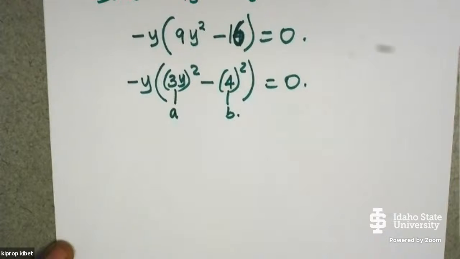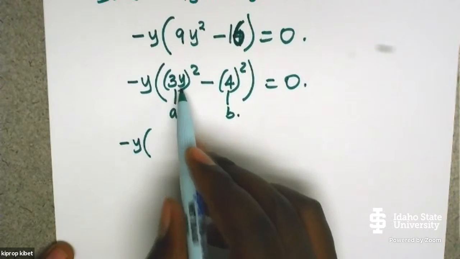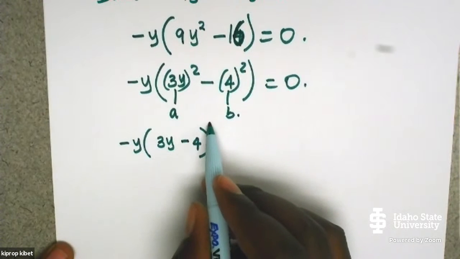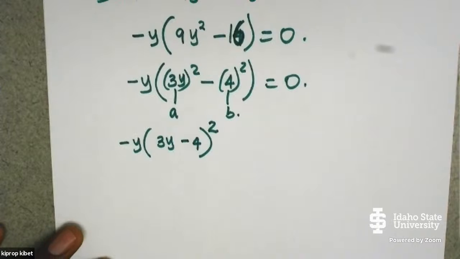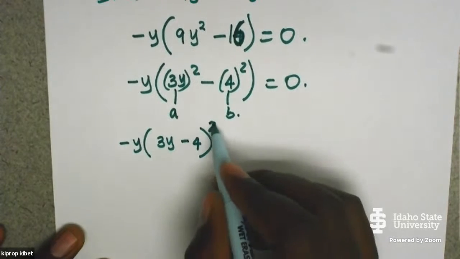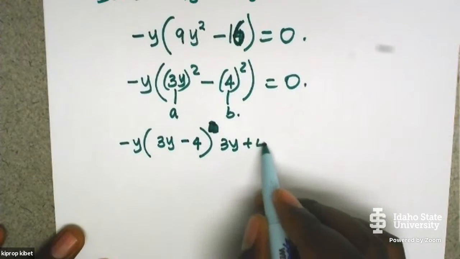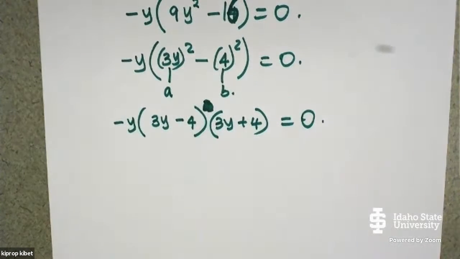Since this is a difference of squares, we get minus y, times 3y minus 4, and the other one is 3y plus 4, equals 0. So a squared minus b squared equals a minus b times a plus b.